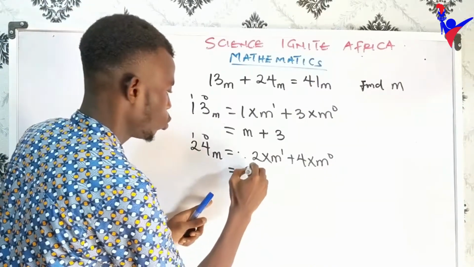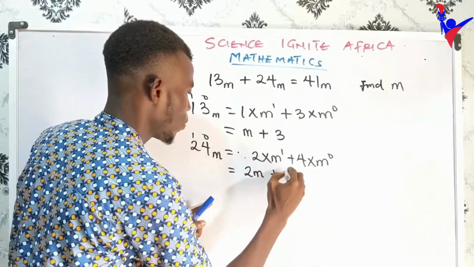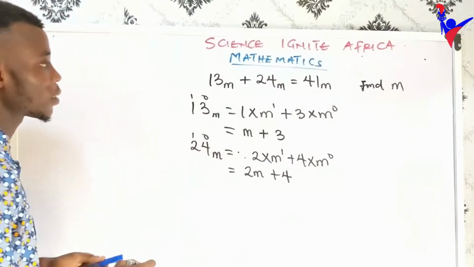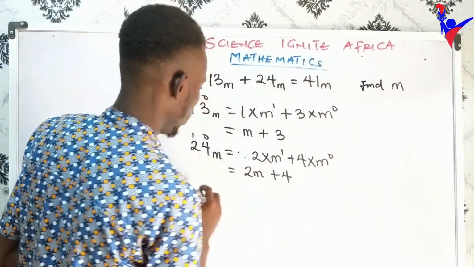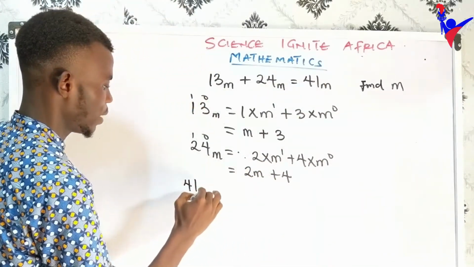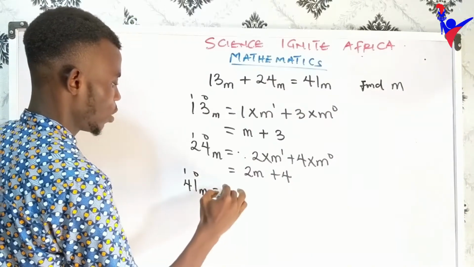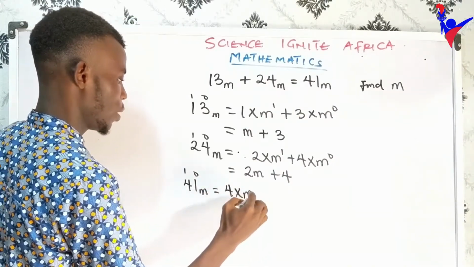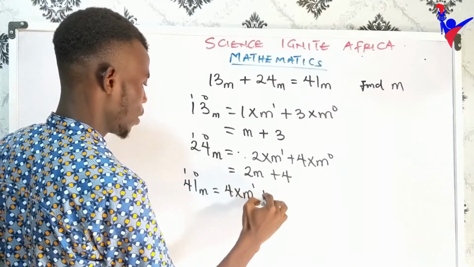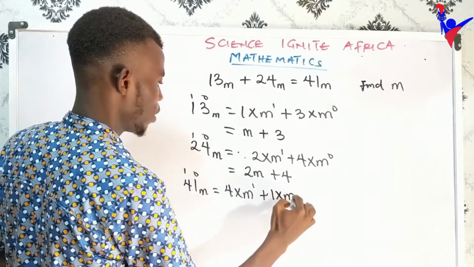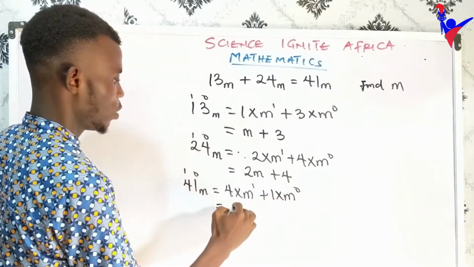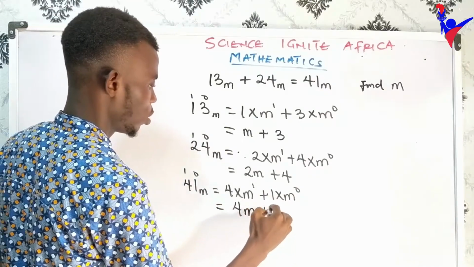This becomes 2m plus 4. And the last, 41 base m, will be 4 times m raised to power 1 plus 1 times m raised to power 0. And this is 4m plus 1.